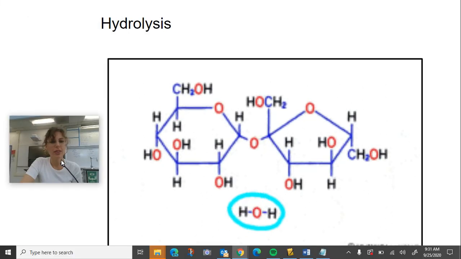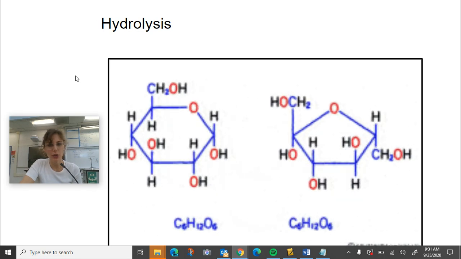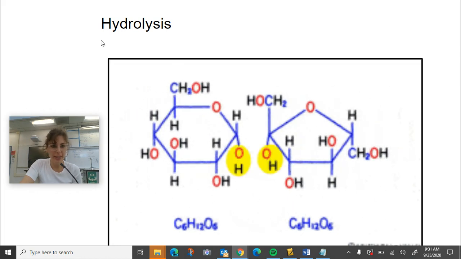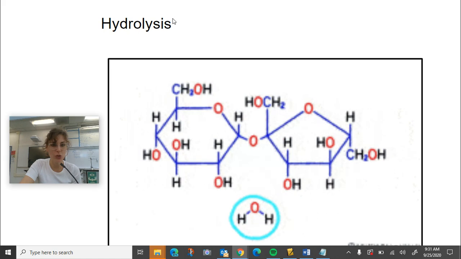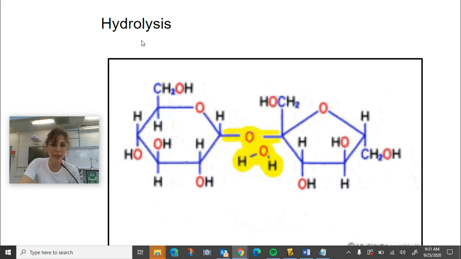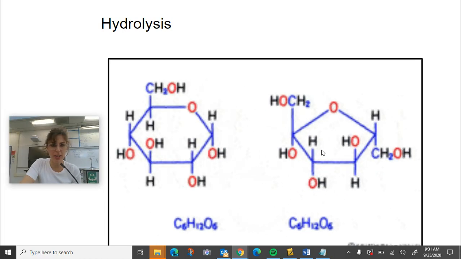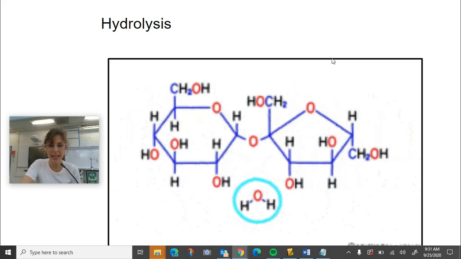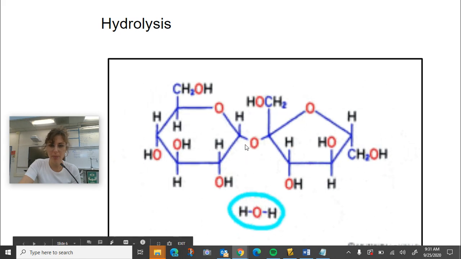Now what if we want to break down these polymers, meaning they've been bonded and now we're trying to break them apart? Let's break the word down. Hydrolysis: hydro means water, lysis means to cut. So hydrolysis literally means to cut by water. This shows the full scope of the animation, first dehydration synthesis, right here, and now we have this water molecule that is going to break the bond between the two monomers.